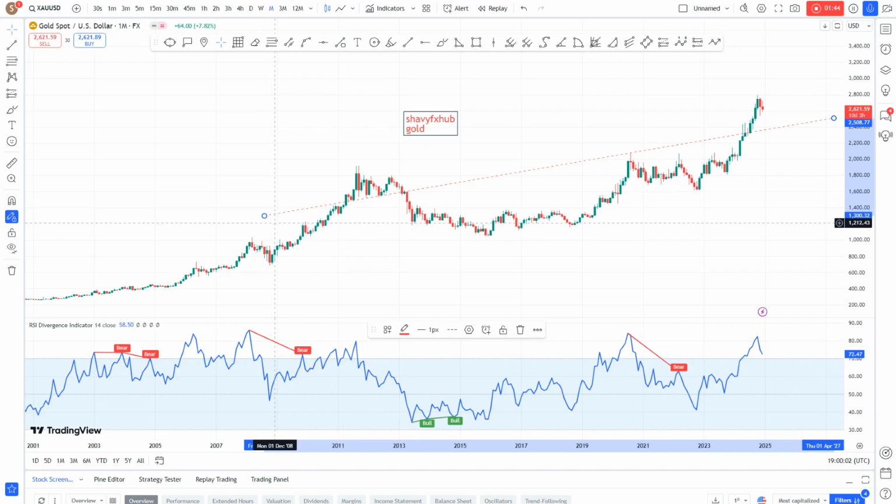So when you look critically, you will see the price on the monthly candle in the month of February 2013 broke a demand floor, an ascending trend line, and price returns to retest that level. And when price returns to retest that level, it's already a sell.